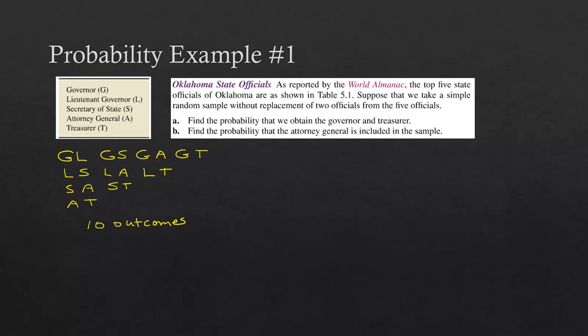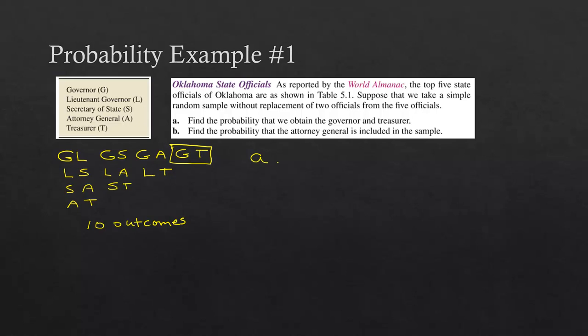Now, letter A asks us to find the probability that we obtain the governor and the treasurer. Well, the only one where we obtain the governor and the treasurer is right here. That's the only one because it's without replacement, so we can't get a TG.